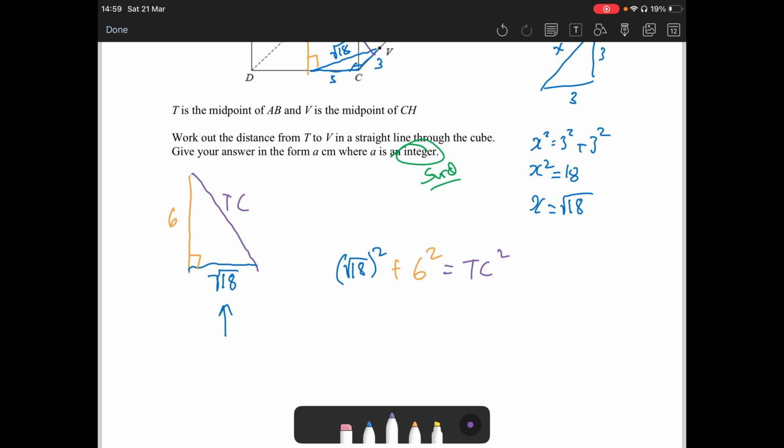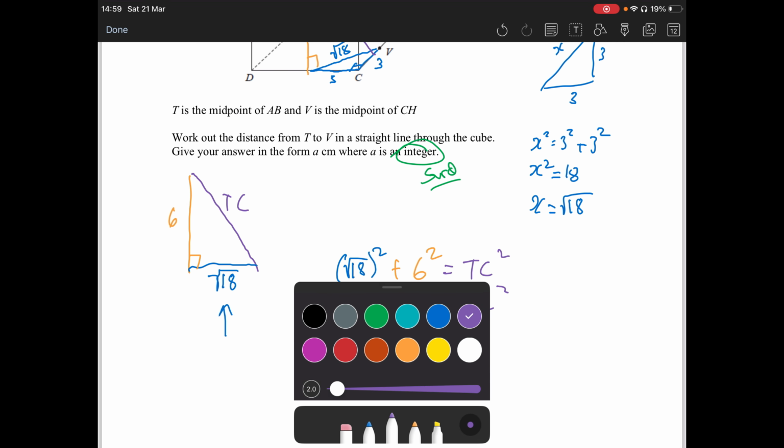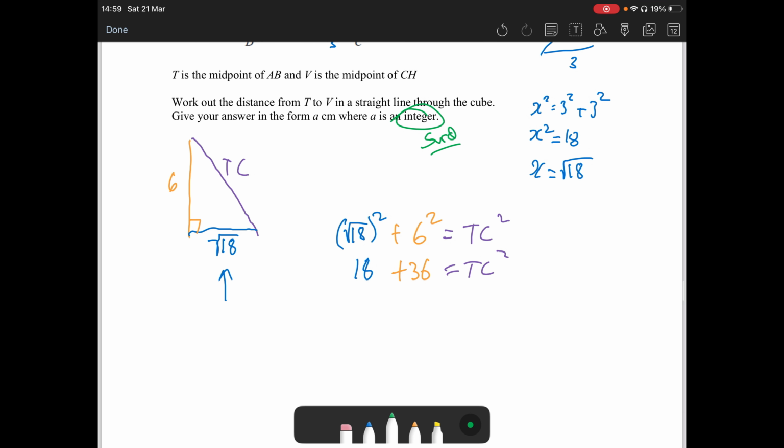So now the roots cancel out. There's no point in simplifying the surd here because it just gives you 18. If you wrote 3 root 2, you kind of wasted your time a little bit, but whatever. Plus 36 equals TV squared. So let's wrap this up. 18 plus 36 is 54.